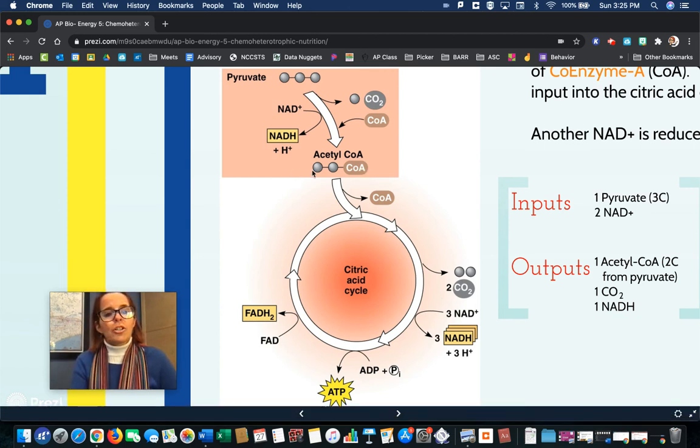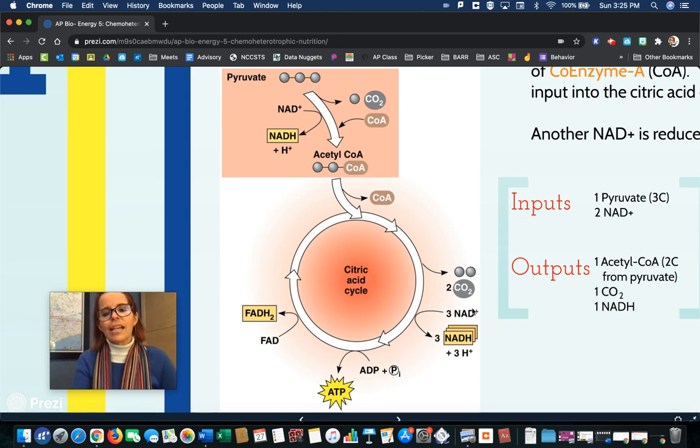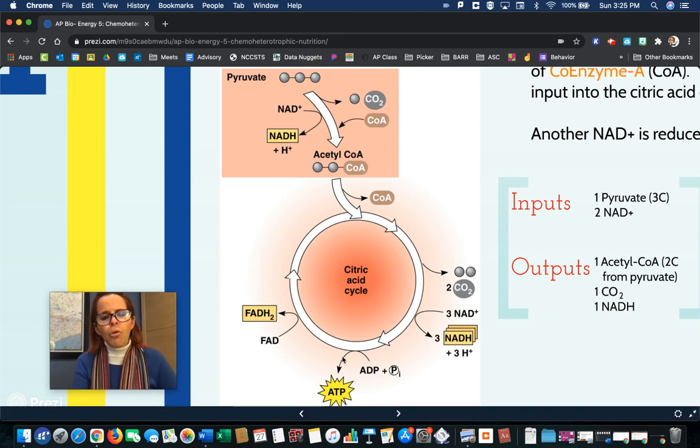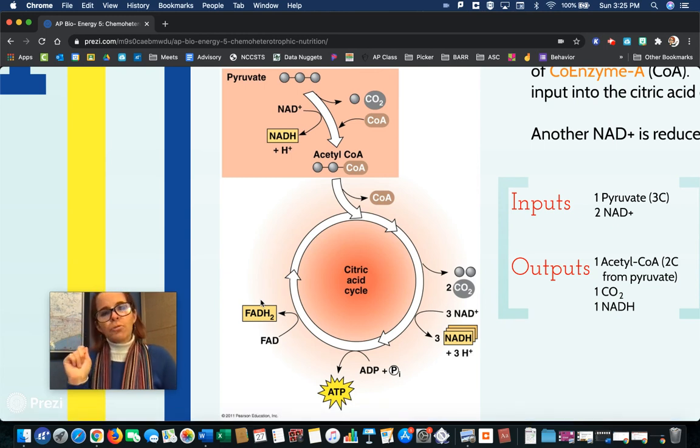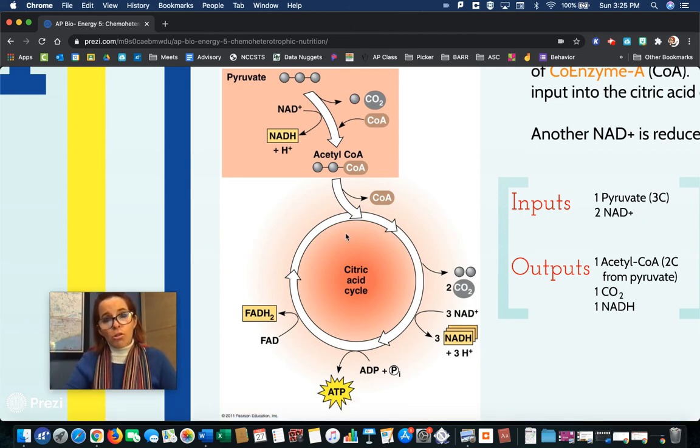You see that there's a 2-carbon molecule that comes in. You see that 2 carbons in the form of 2 molecules of carbon dioxide get released. We collect a whole bunch of electrons in this process. And for every glucose, remember, every glucose makes 2 pyruvates. So that means that the citric acid cycle turns 2 times for every glucose.